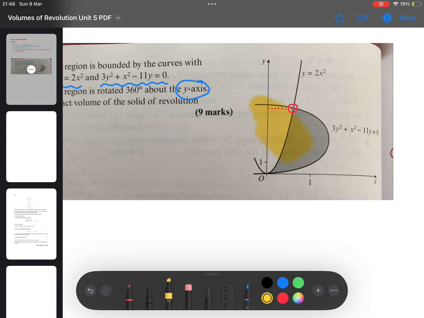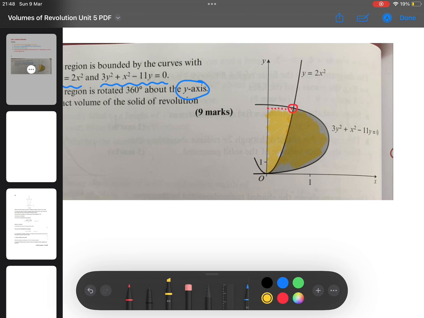We can start by working out this whole area, and then subtracting that from this entire area, but not the section which is above the red dotted line.